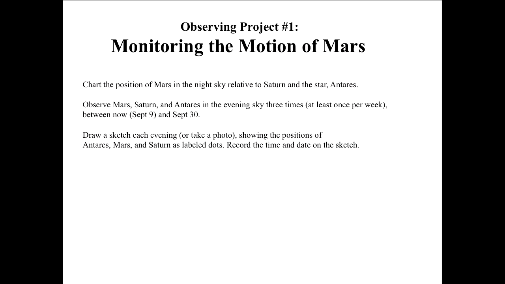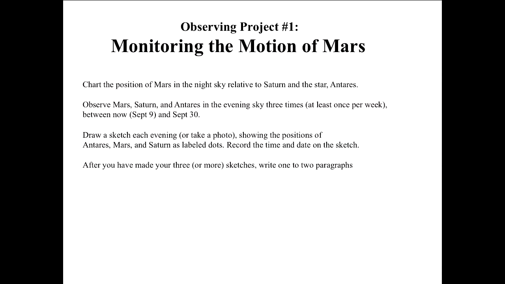And you'll label each of the 3 dots. Label the dots that represent those 3, and then put it in the corner of the piece of paper, put the date and time of your observation, and then maybe on a separate piece of paper, do it again a week later, and then yet more 1 week after that.